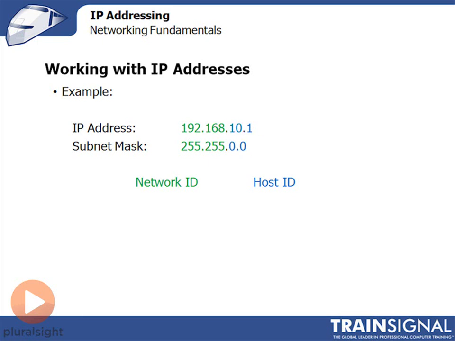We could have a subnet mask of 255.255.0.0, and in that instance, we're now on the 192.168 network, and 10.1 represents the host ID of this computer on that network. And another computer might have 10.2, and another might have 10.3, and another might have 11.1, and another might have 12.1.